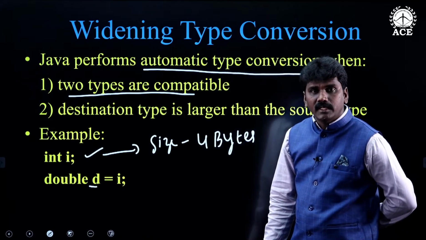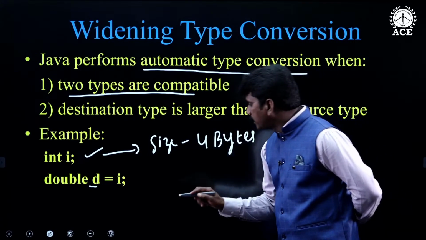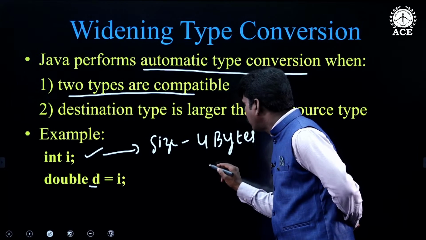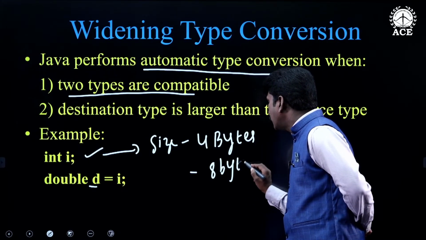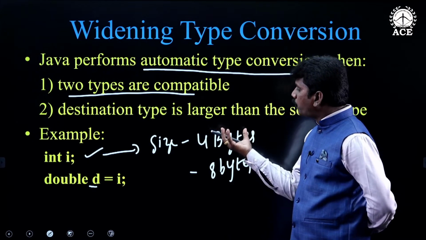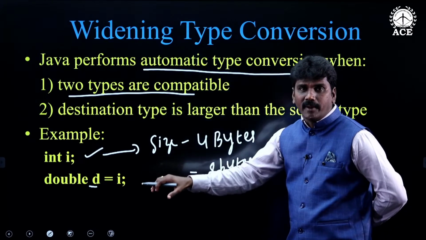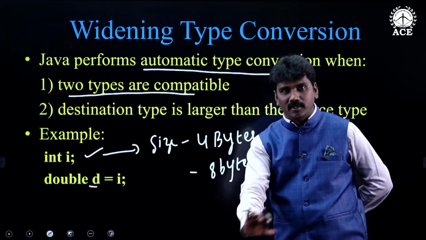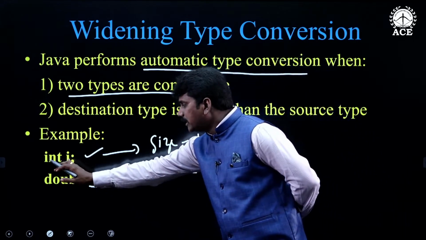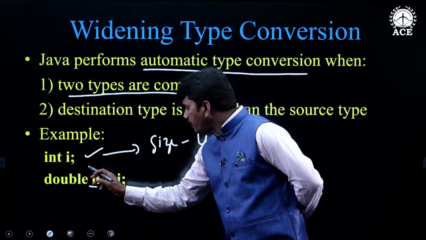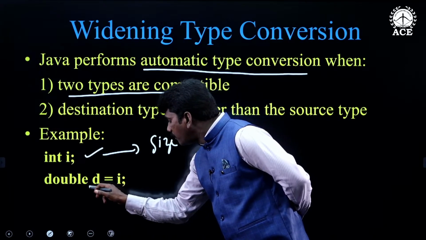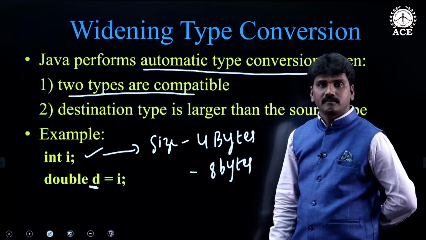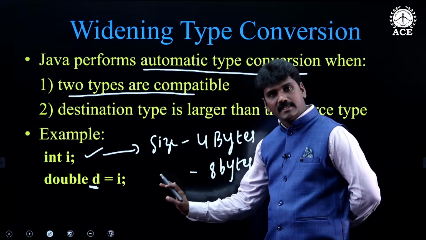What is the size of double? It is 8 bytes. Means if we would like to store 4 bytes data in 8 bytes, then there is no problem. Here int I, and we would like to store the same I value inside the double variable D. So type compatibility is there.